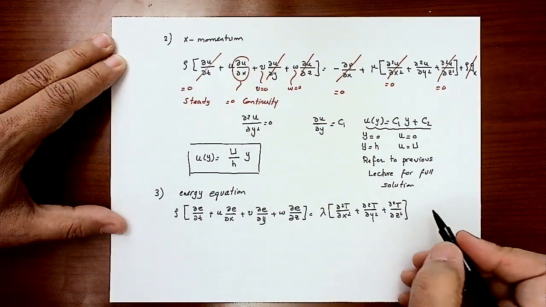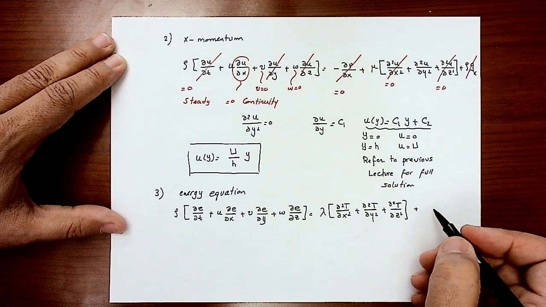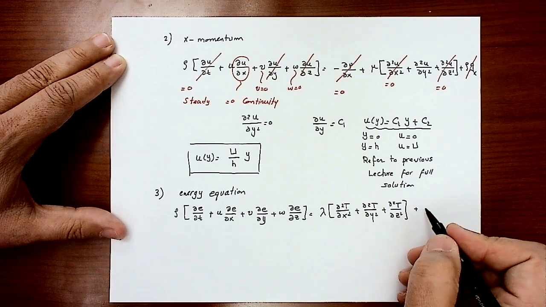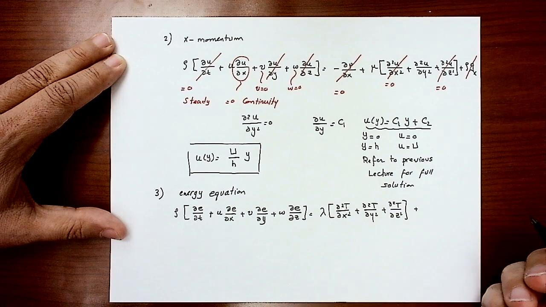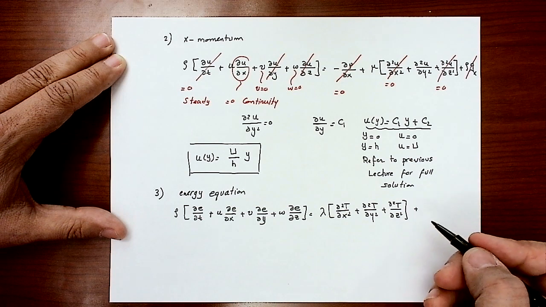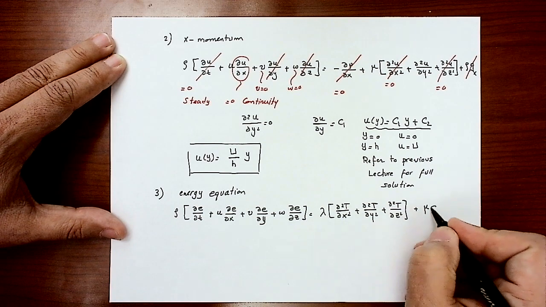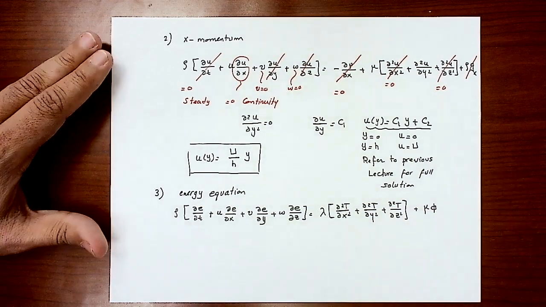I should also have the other terms that I'm going to ignore, right? There is p nabla dot V, and there is no pressure gradient here. And also the internal heat source, rho Q dot, is neglected as well. So the only term that's going to remain here is actually mu times the dissipation function.